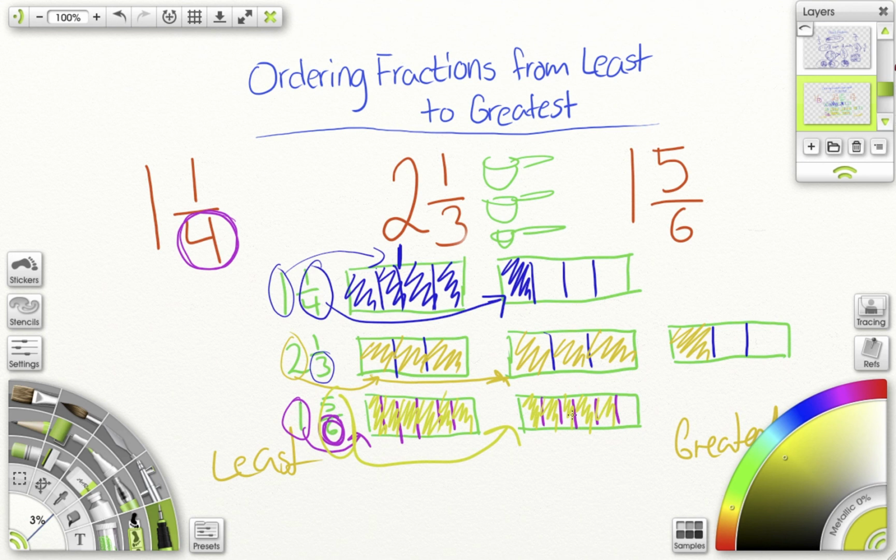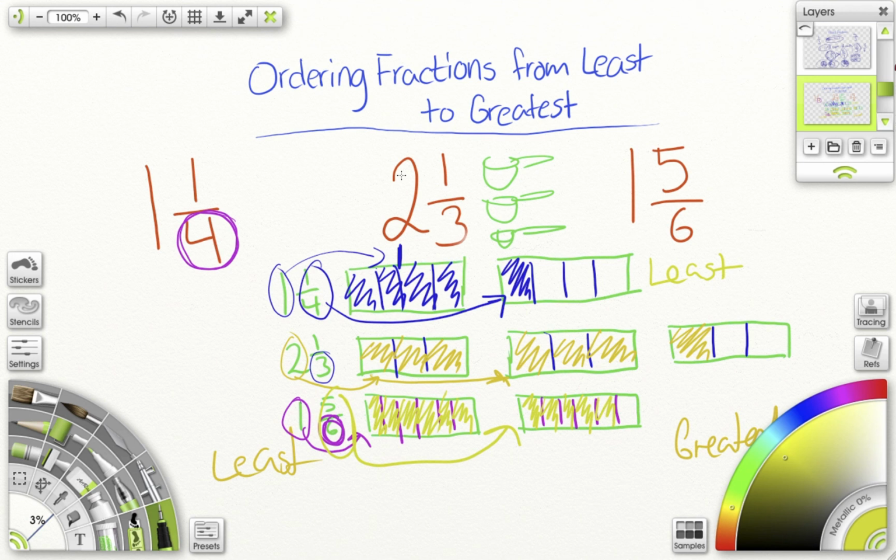Now, which one is the least and which one is the greatest? Well, just by visually looking, I can see that this one is the least. And I can see that this one is the greatest because this has 2 full strips. So when you start getting used to looking at mixed number fractions, if you see that it has the bigger whole number, so sometimes you'll see whole numbers like 5 and 1/7, and the other one is like 2 and 1/3.